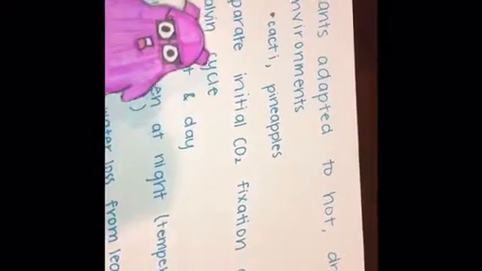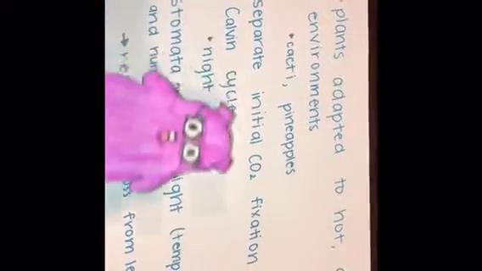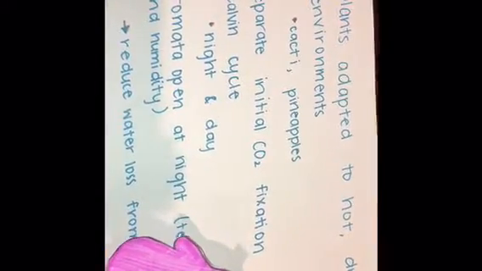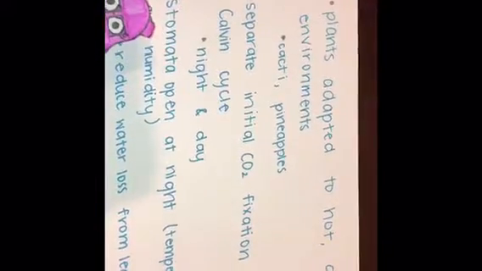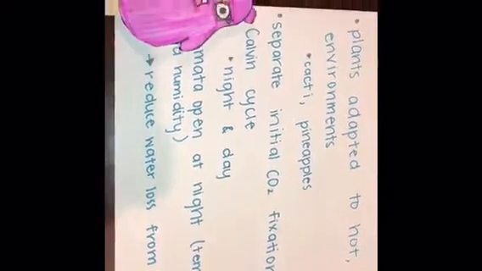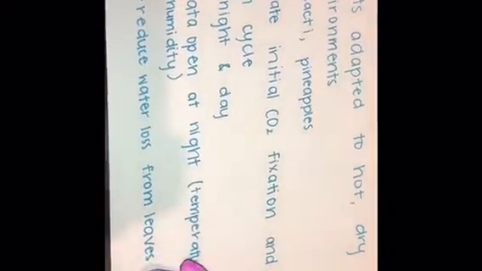In CAM plants, the initial CO2 fixation and the Calvin cycle processes are separated between night and day, whereas other plants divide photosynthesis stages by different sections in its cells. The stomata of CAM plants open at night, when the temperature is lower and the humidity is higher. This allows the plant to reduce the water loss from its leaves.